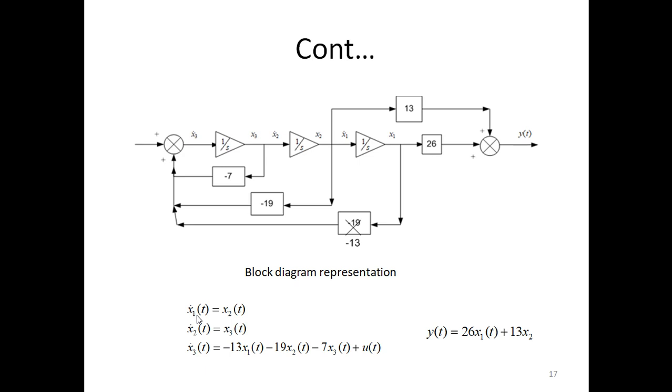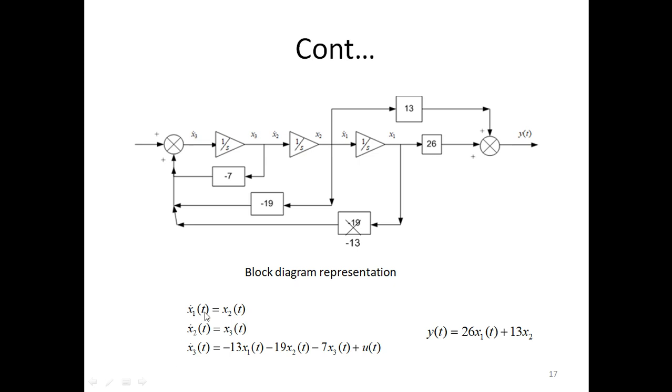The output of an integrating block is the state, and the input to an integrating block has to be the derivative of the state. So we have considered three integrating blocks, 1 by s, 1 by s, 1 by s. The output is x1, the input is x1 dot; the output is x2, the input is x2 dot; the output is x3, the input is x3 dot.